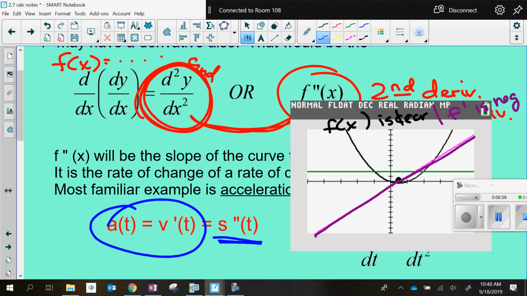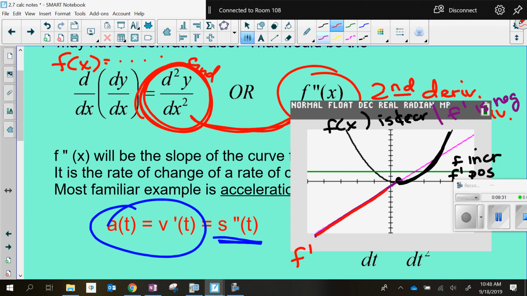And it's negative to that black dot that I created there. Now look at the black on the other side of the black dots. What is happening here with F? F is increasing, and what is happening from the black dot on to F prime? It's positive.